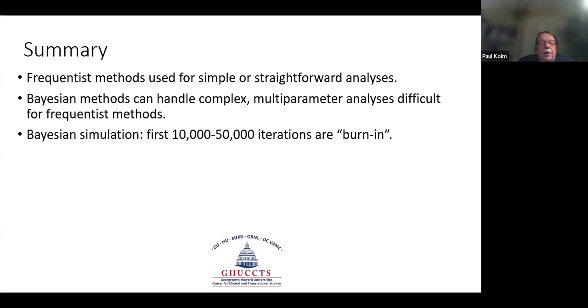Frequentist methods can handle change in one or two parameters at a time, but not multiple parameters. And in Bayesian simulation, sometimes you can see that the first iterations, a large number, are for burn-in. That's so we don't get an odd result right off the bat. In the examples I used, we did 2,500, which is usually sufficient, but they can be more.